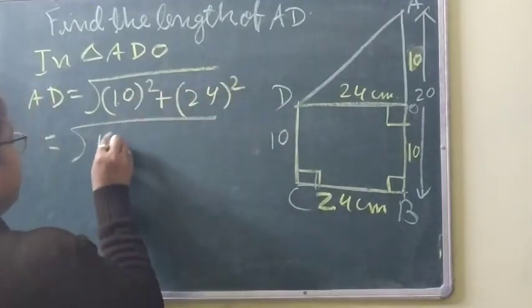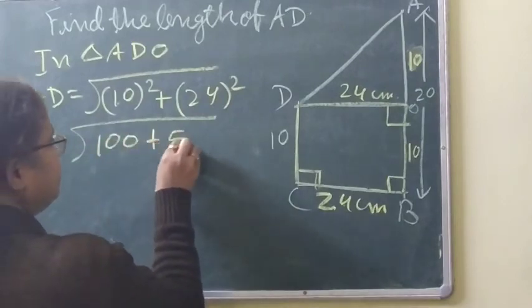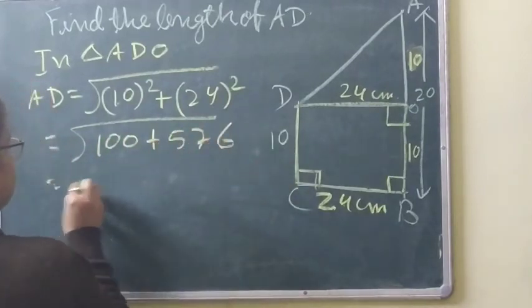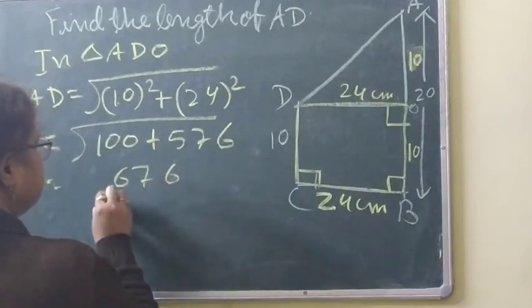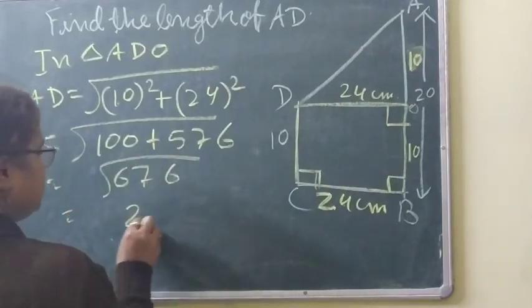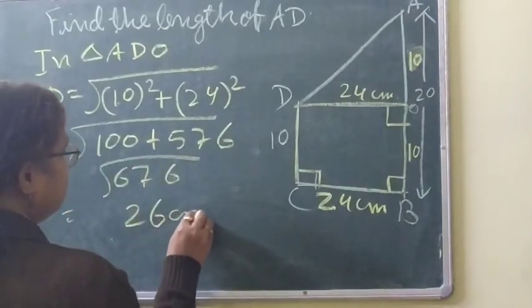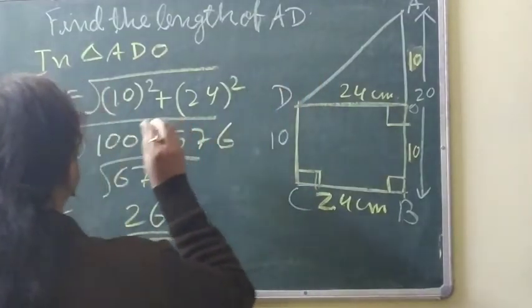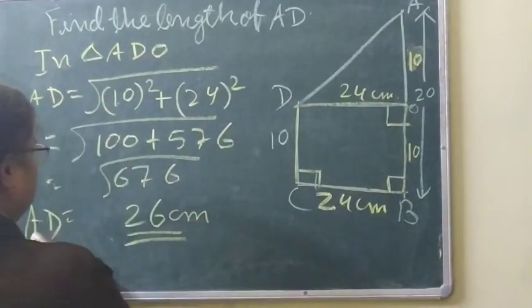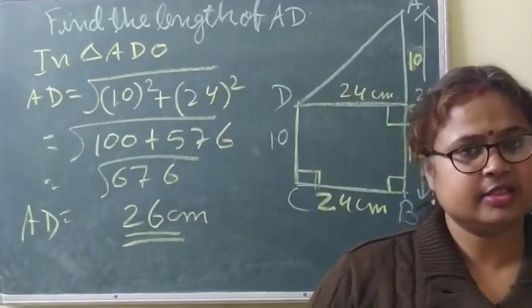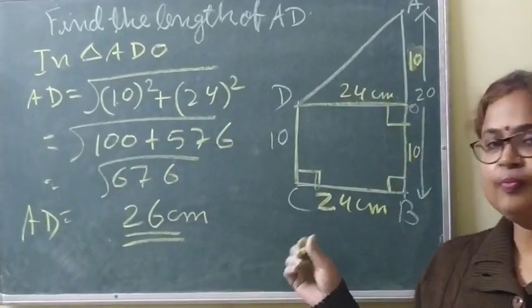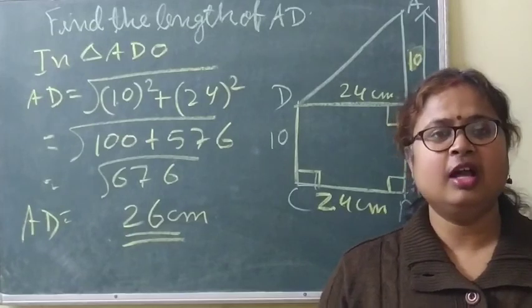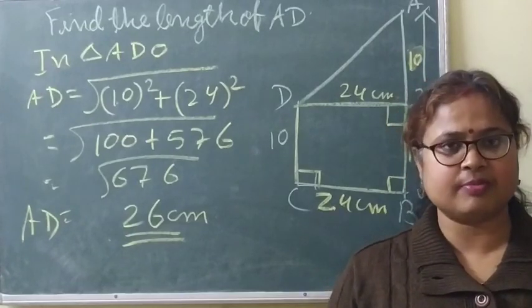Square of 10 is 100, and square of 24 is 576, and this is equal to 676. The square root of 676 is 26 centimeters. Answer. So AD is equal to 26 centimeters. Clear?